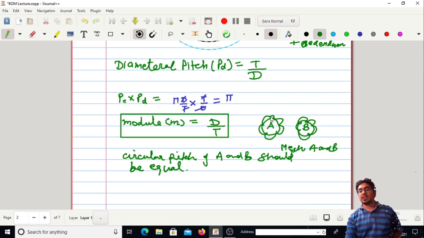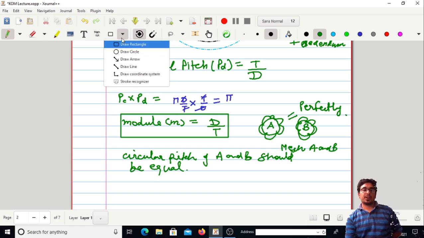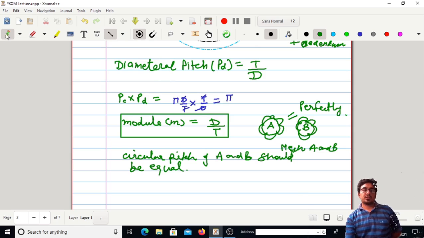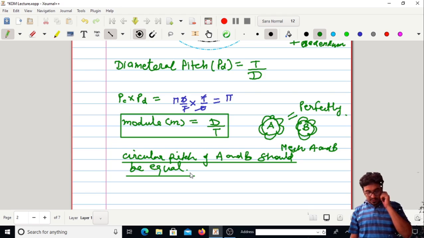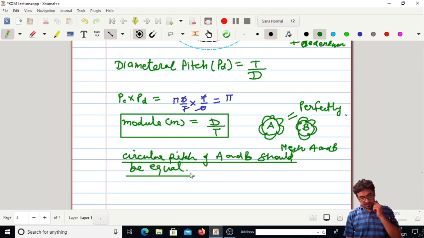Then only these two gears will mesh perfectly. Okay, so this is a very important term which should be kept in mind while designing the gears. So this is the circular pitch. Okay, fine. I hope it is clear.